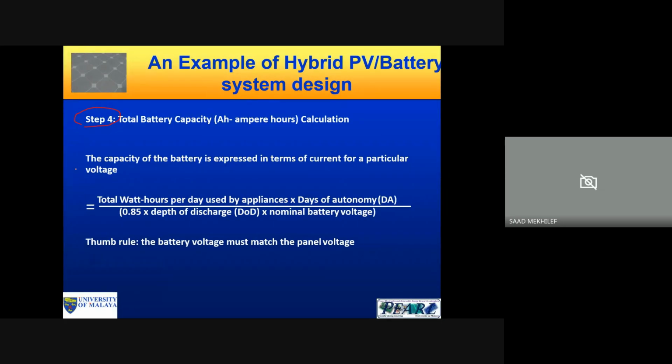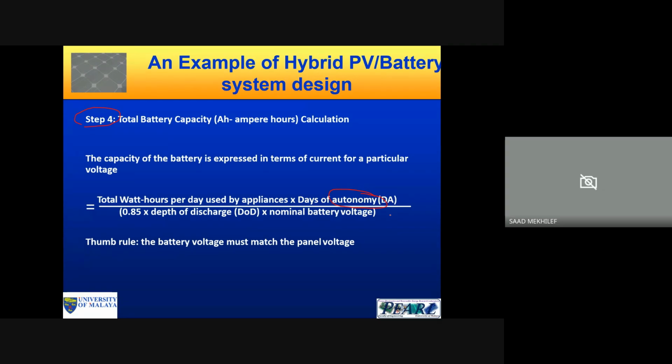So we take the total watt hour per day for the appliance types, times the number of days of autonomy. Yeah, this is very important. Days of autonomy means there is not enough sun to charge the batteries, so the load will only depend on the battery.